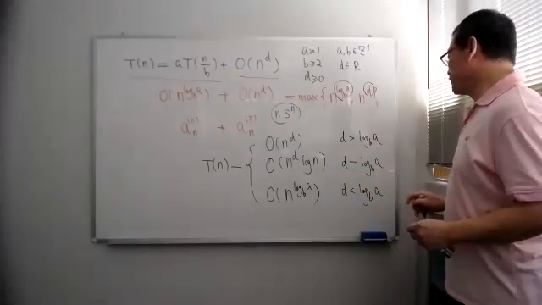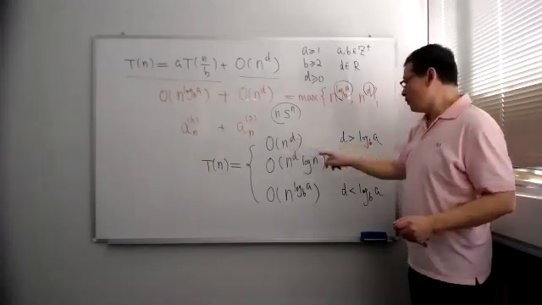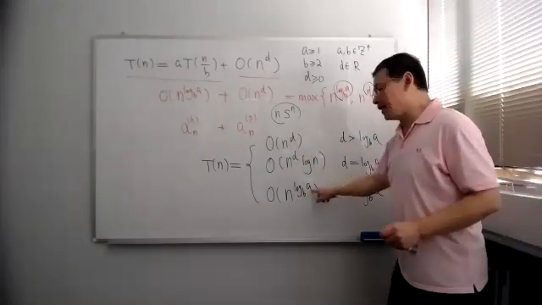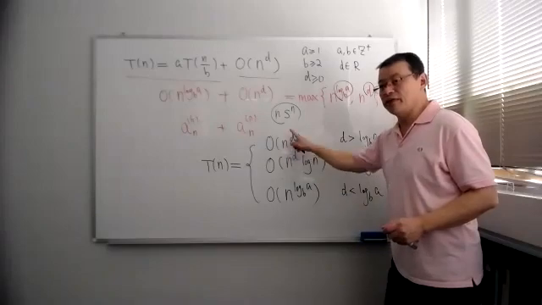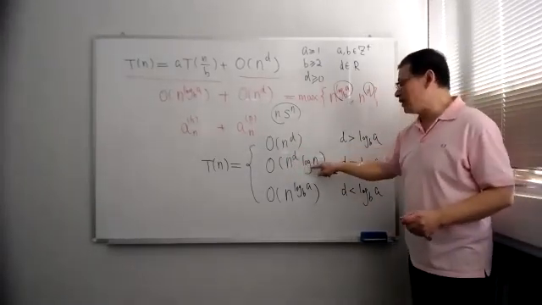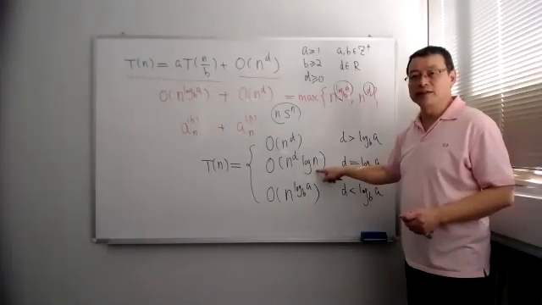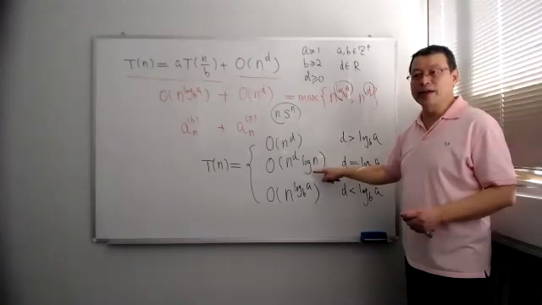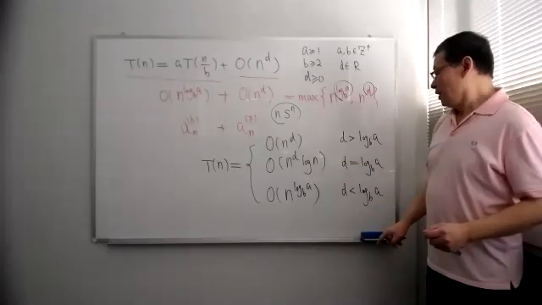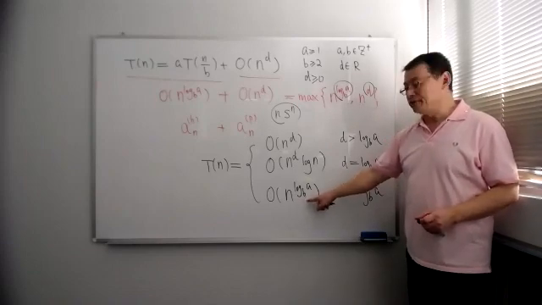So there are three situations, depending on which one is bigger. When d is bigger, it's n to the power d. When d is smaller, it's n to the power log_b a, which is a polynomial function. And when these two numbers are equal, we need to multiply by log n. That's where we get n log n for merge sort. For the other two, such as matrix multiplication, we have this one.